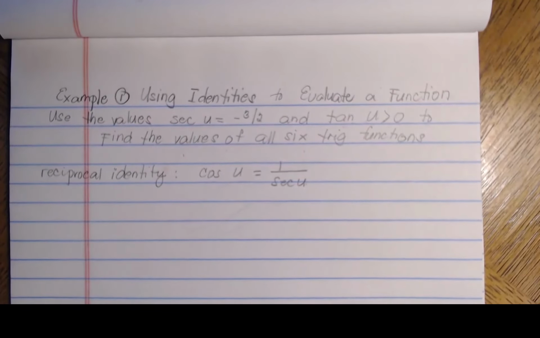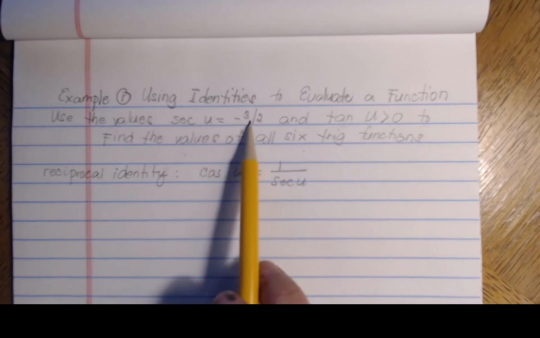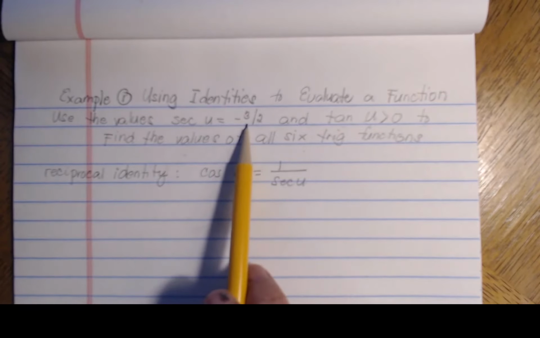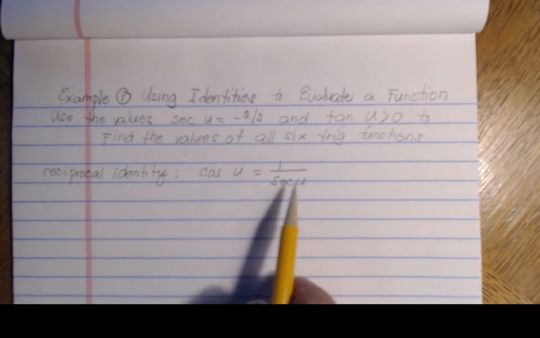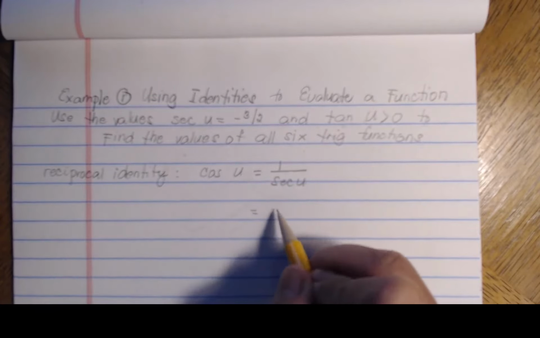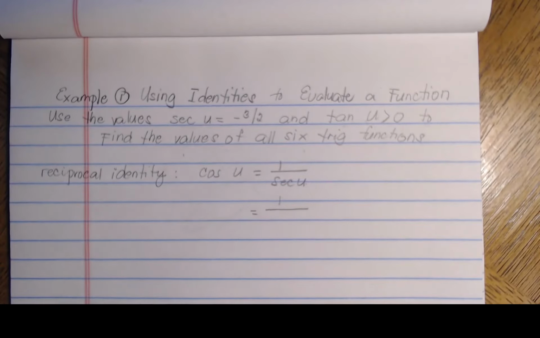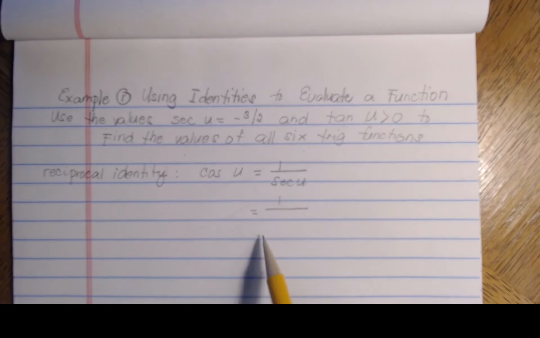So it means that secant is negative 3 over 2, therefore plugging in the value of secant, that becomes 1 over negative 3 over 2. This is our main fraction, so that should be in front of the equal sign.